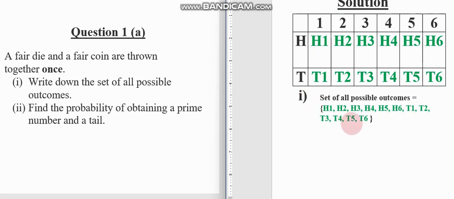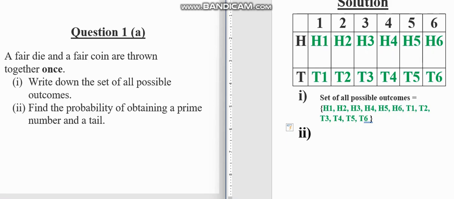Alright, so this is the set of all possible outcomes. That is the I. Then we are moving to the II. So the II says we should find the probability of obtaining a prime number and a tail.